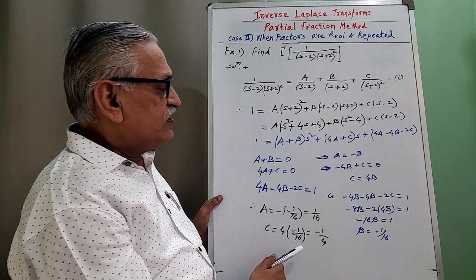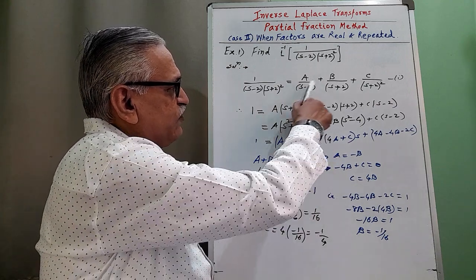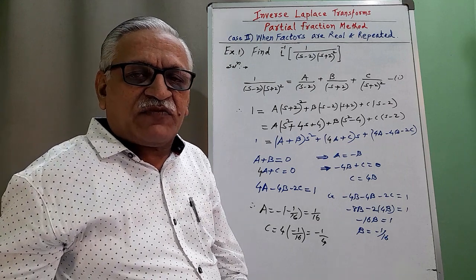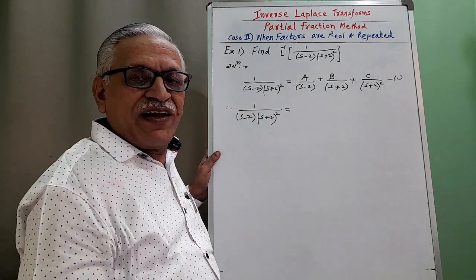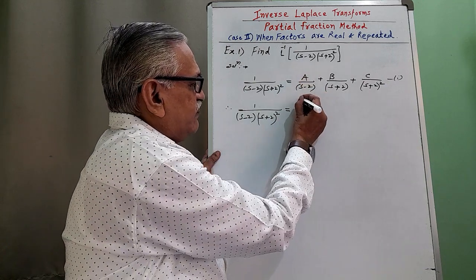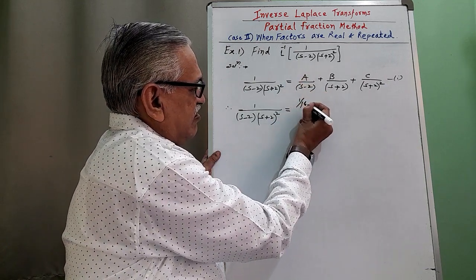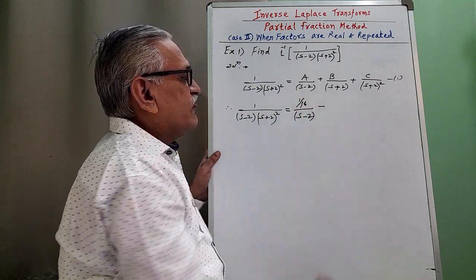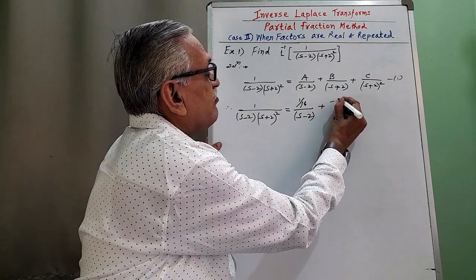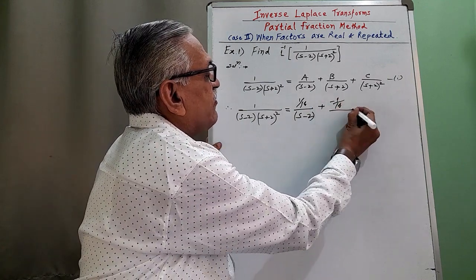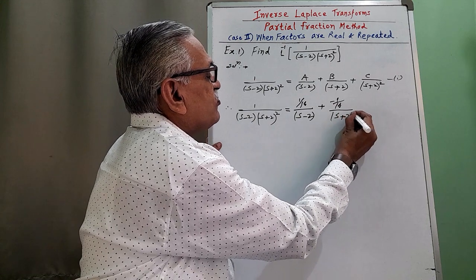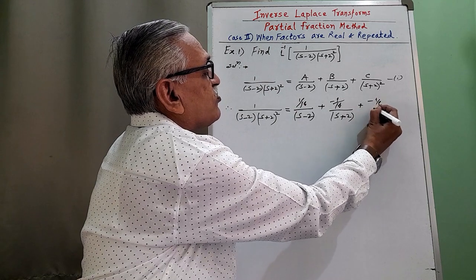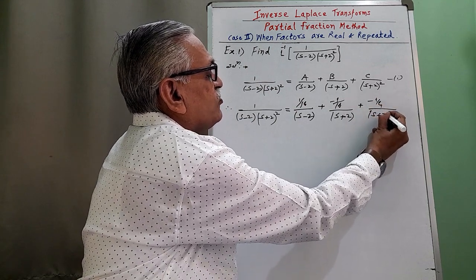And therefore whatever the values of A, B, C, we put them in equation 1 and then we determine the inverse Laplace transform. Substituting the values, we get A as 1 by 16 divided by s minus 2, minus 1 by 16 divided by s plus 2, and C as minus 1 by 4 divided by (s plus 2) whole square.